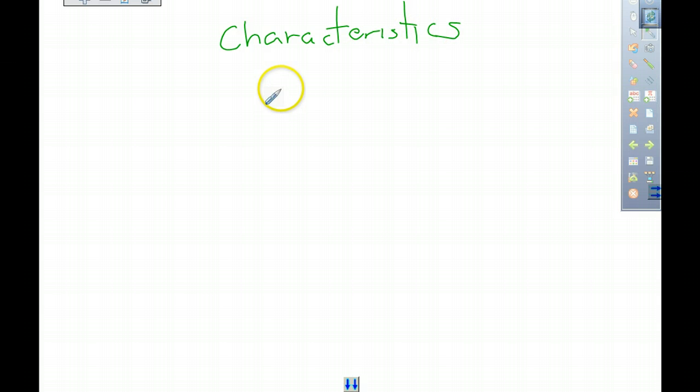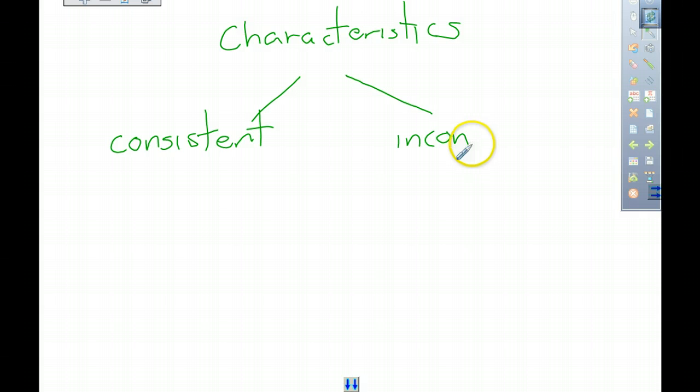So, characteristics. System of equations. Right? So there's two possibilities. System. And then, of the consistents, there's two possibilities.